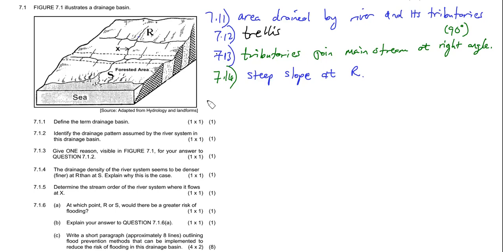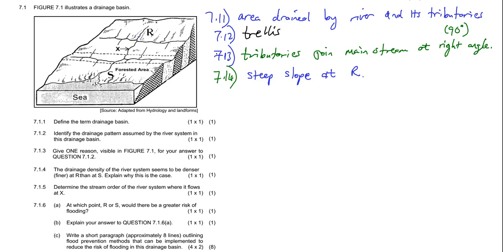Now, determine the stream order of the river system where it flows at X. What do we know about stream orders? We have this here as stream order 1. I will explain that on the next slide.